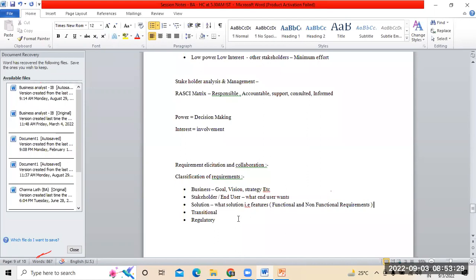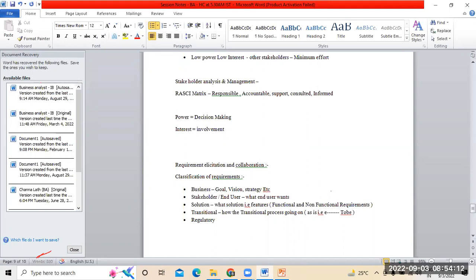Next was transitional requirements. Transitional requirements means how the transitional process is going on. It means from as-is to to-be. As-is is nothing but the existing system.